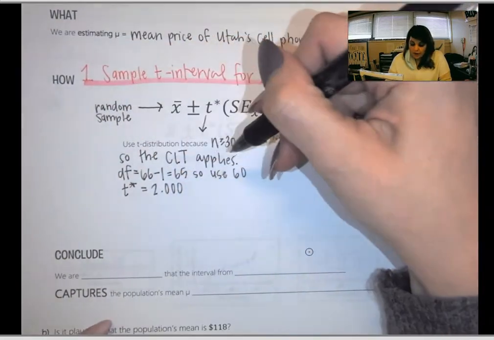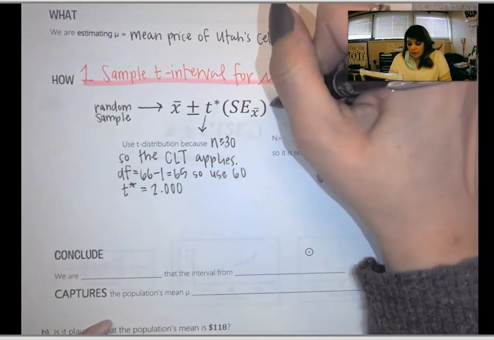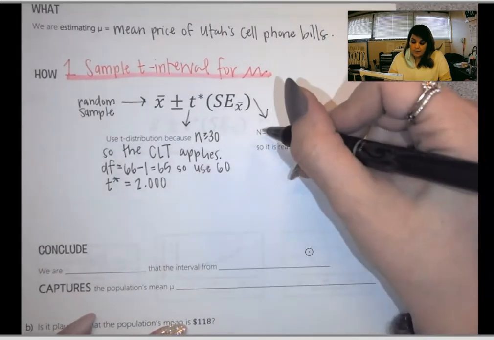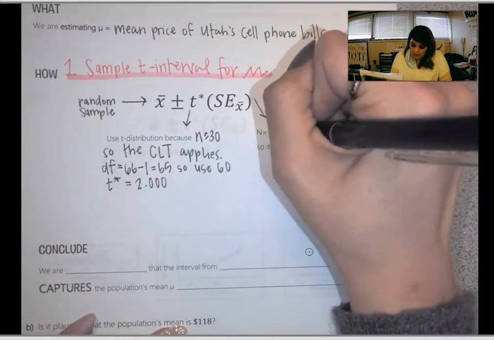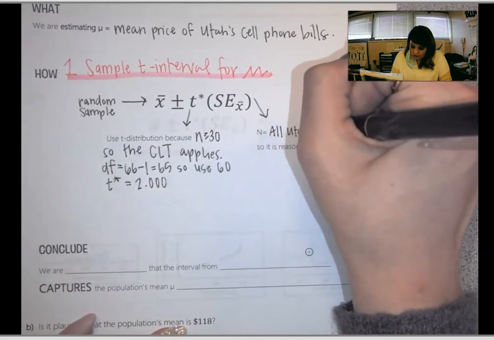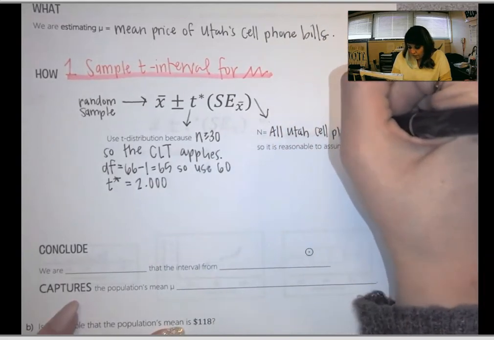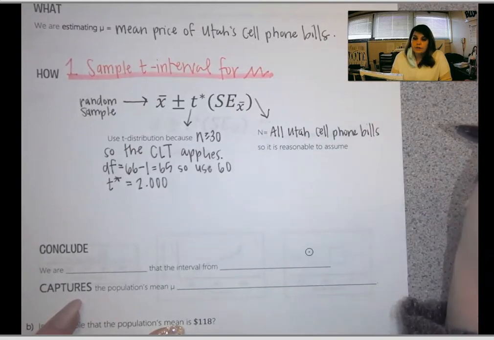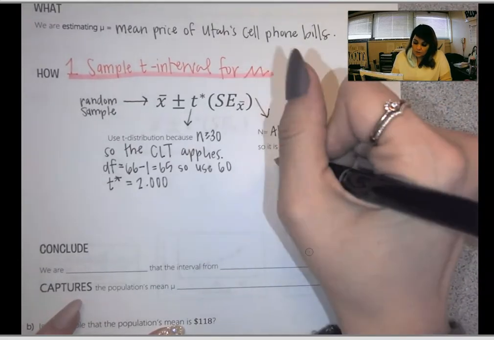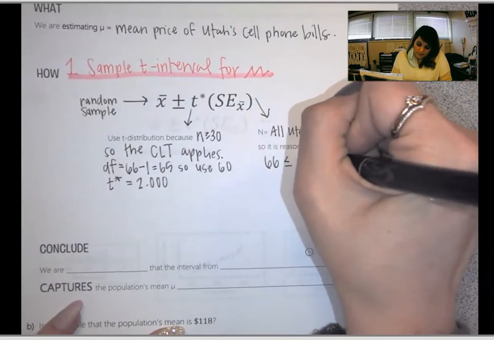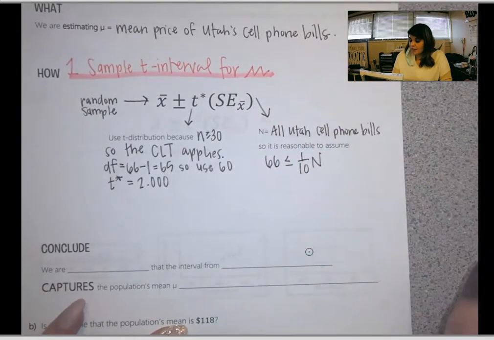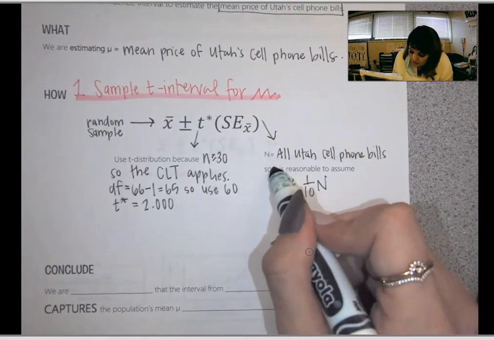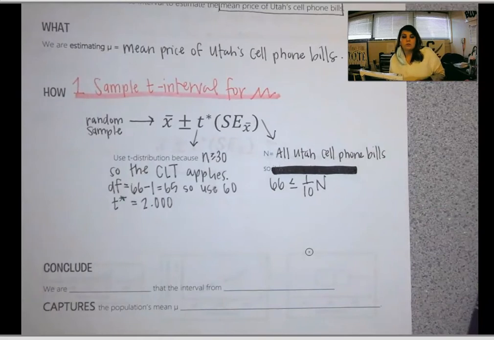So I've checked random, I've checked large counts, and now I'm checking the 10% condition. My population is all Utah cell phone bills. So it is reasonable to assume that 66 is less than or equal to 1/10 of the population. And in this case, we don't even need to say it's reasonable to assume.